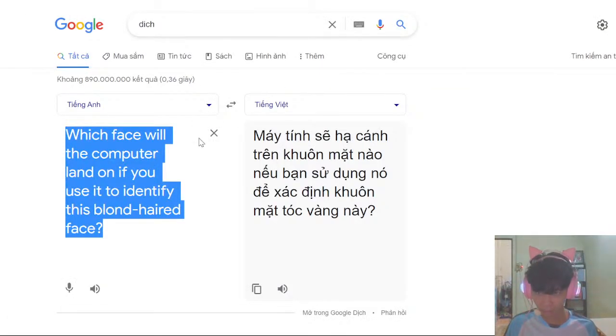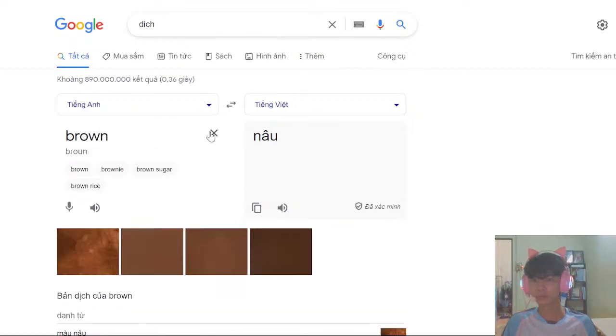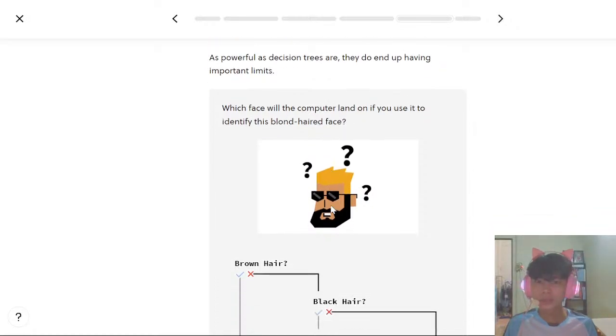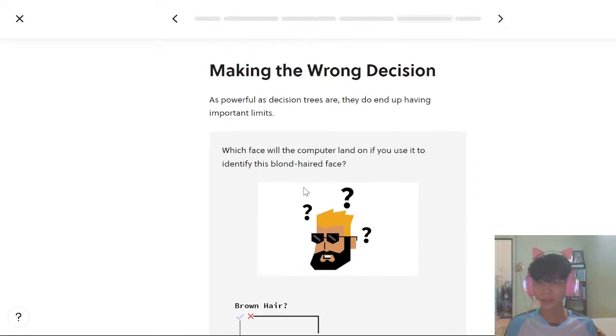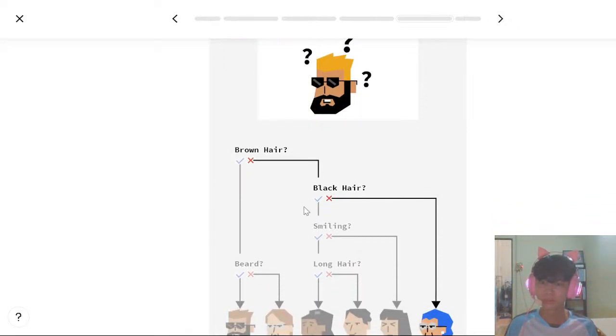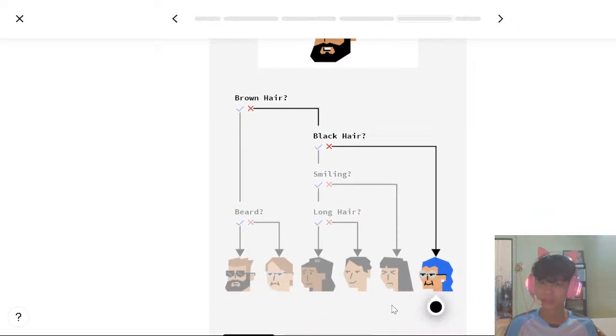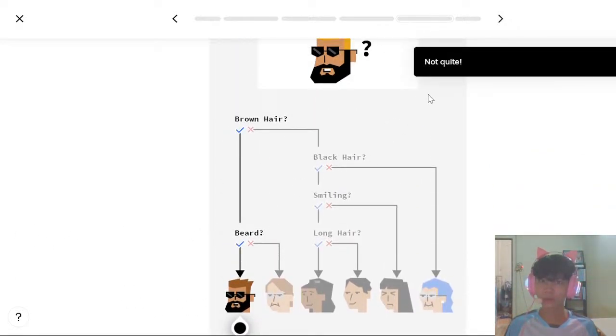Brown hair. Is it not brown, right? Like it is not brown hair, isn't it? Because I see it's like yellow. Not quite.